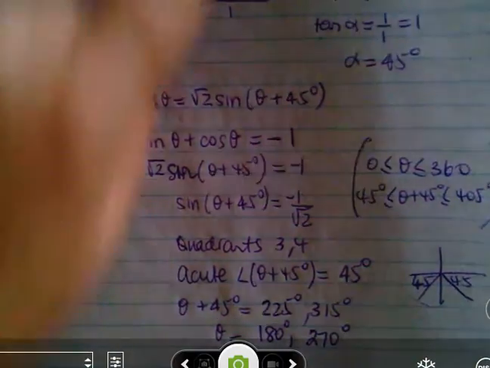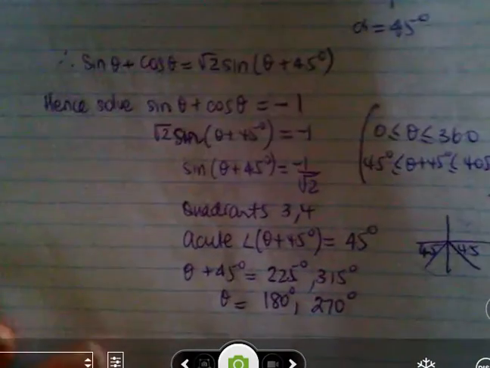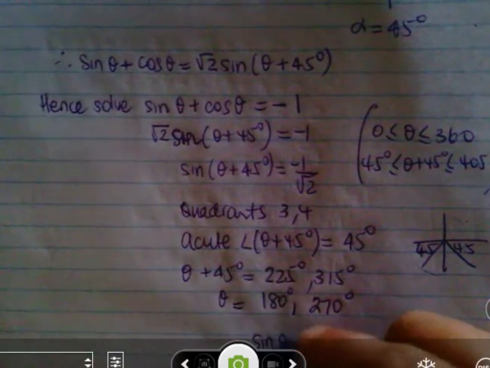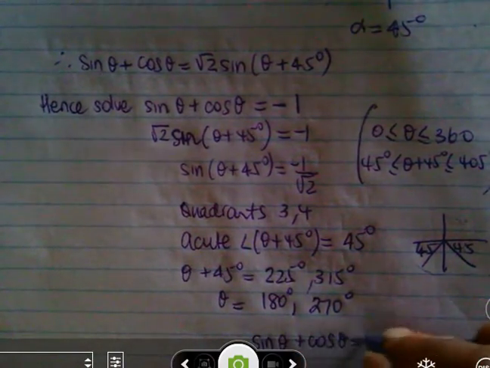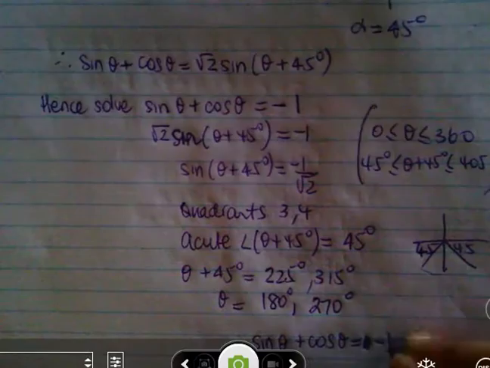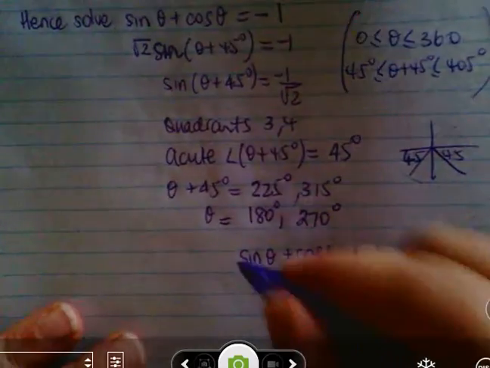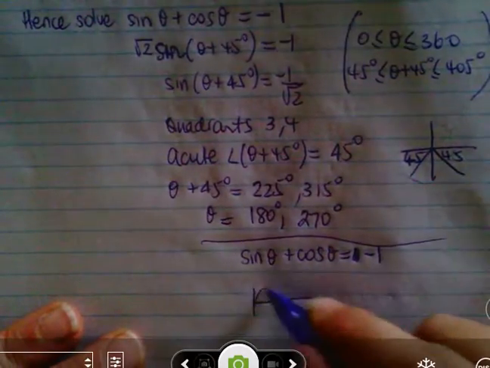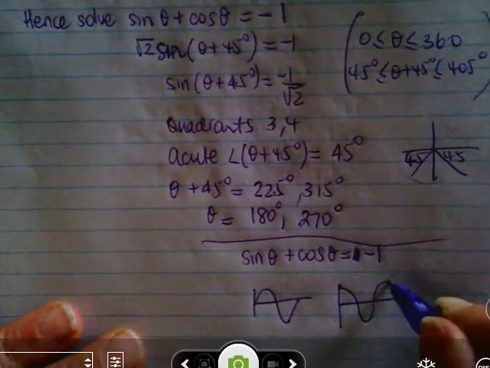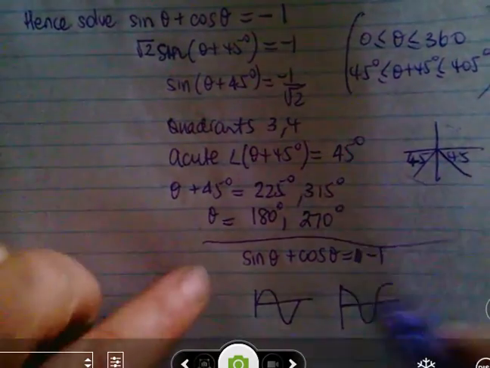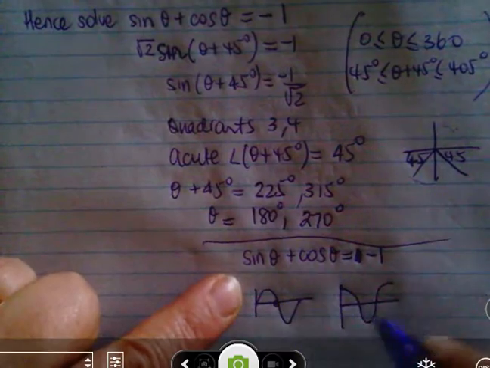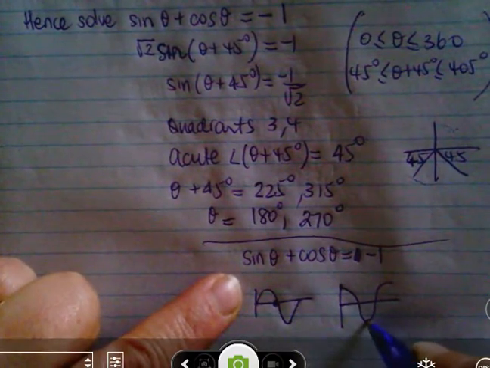And those are really easy to check if they're the answers, because this is the question, sine theta plus cos theta is -1. I could just check them if I wanted, by doing a quick sketch of sine and a quick sketch of cos. You can see sine of 180 is 0, cos of 180 is -1.